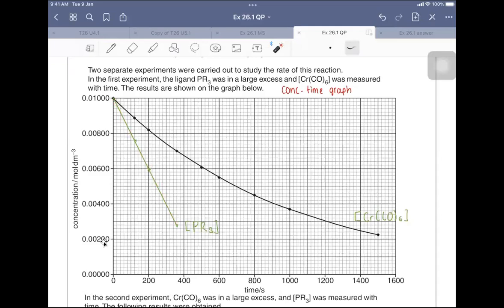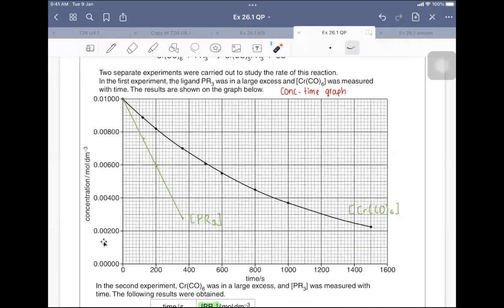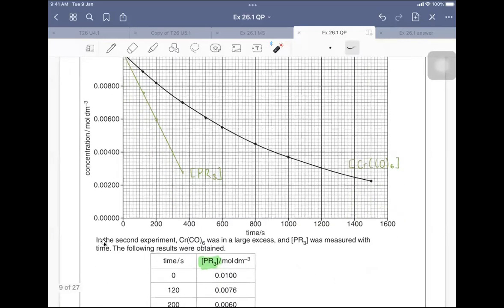Okay, so what you're going to do to find the order for the chromium complex, I think I've already given away the answer, the order with respect to PR3, since it shows a straight line in the concentration time graph, then it is zero order. Okay, however, this is not the case for chromium complex.